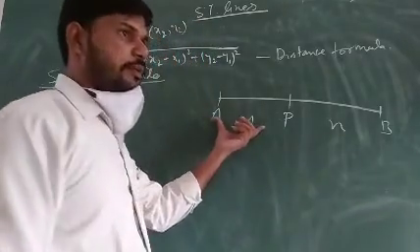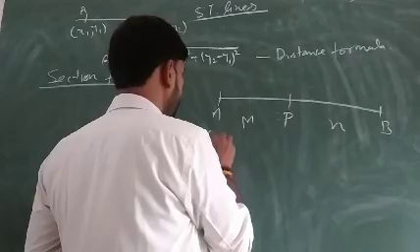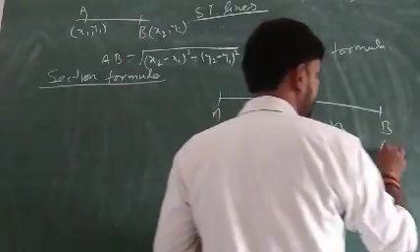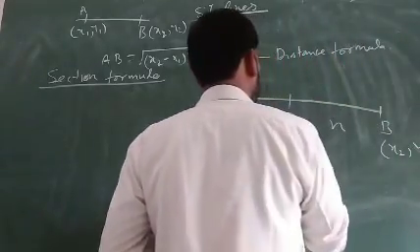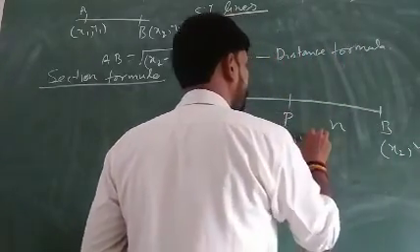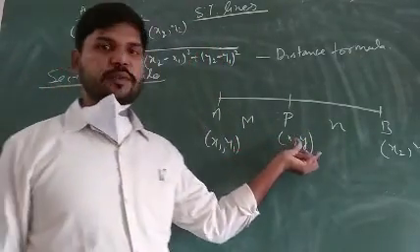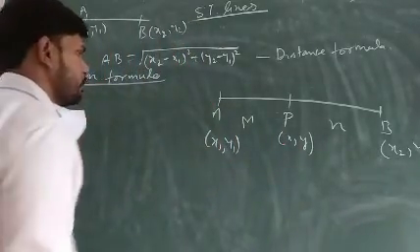The coordinate of A is x1 comma y1, the coordinate of B is x2 comma y2, and the coordinate of P you need to find is x comma y. To find x and y, we follow the section formula.